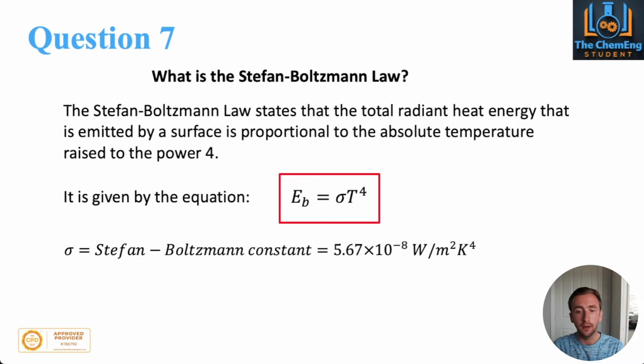Now, the sigma is the Stefan Boltzmann constant, which is given as 5.6 times 10 to the power minus 8, and this is in watts per meter squared Kelvin to the power 4. So you can actually see that the units of the total radiant heat energy would be watts per meter squared, which makes sense. So simply in the interview explain what the law is, and even if you can recite what the Stefan Boltzmann constant is, that will definitely put you well above the average person for the interview.